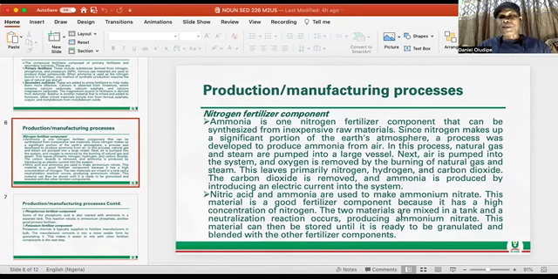The two materials are mixed in a tank, and a neutralization reaction occurs. This neutralization reaction produces ammonium nitrate. This material can then be stored until it is ready to be granulated and blended with the other fertilizer components.